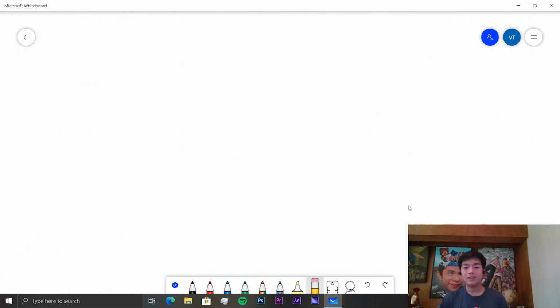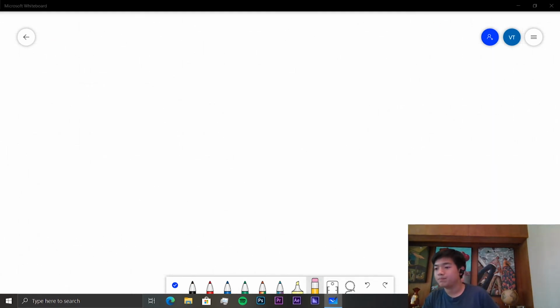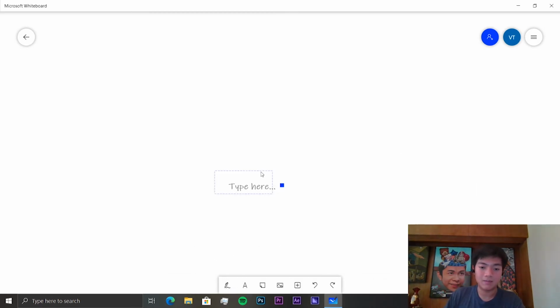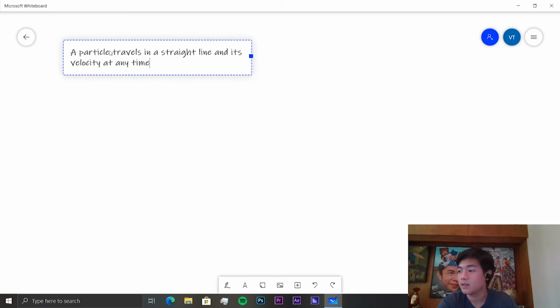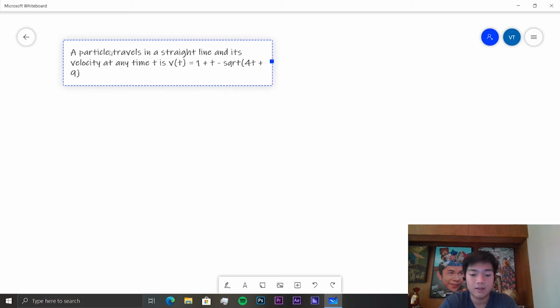And so the next one is, let me just pull it up. A particle travels in a straight line, and its velocity at any time t is v(t) equals 1 plus t minus square root of 4t plus 9 meters per second.